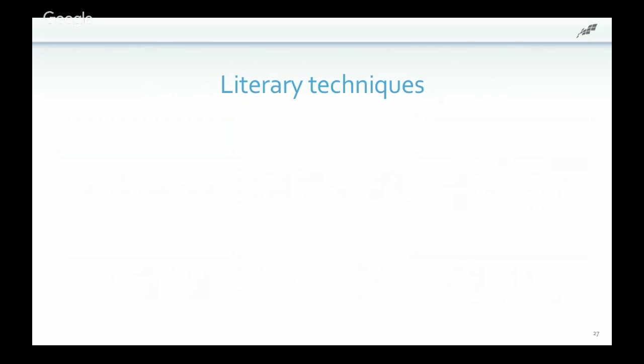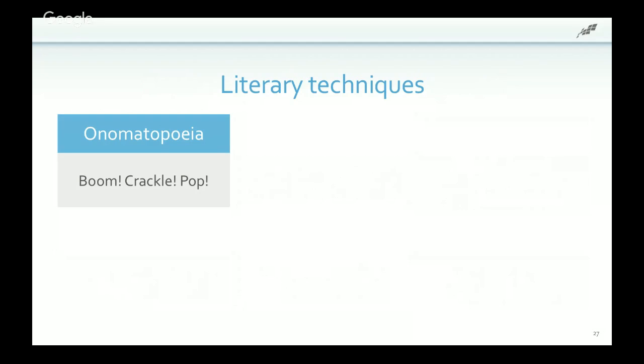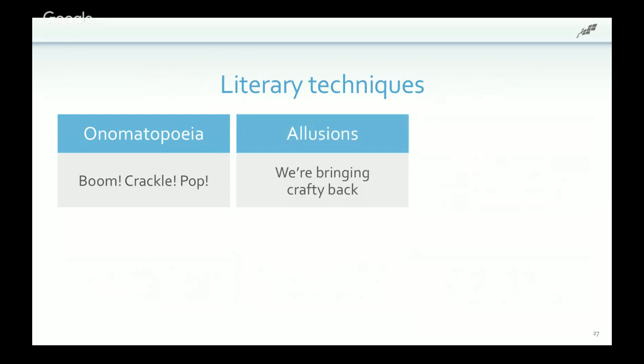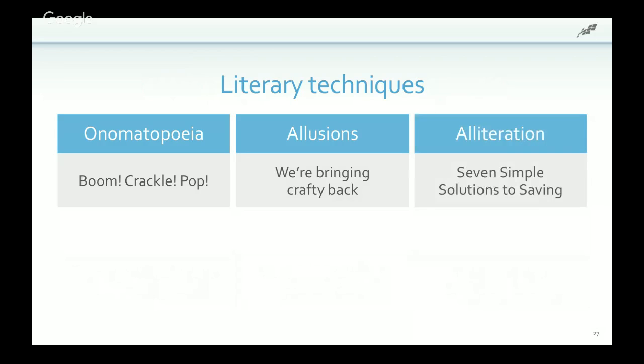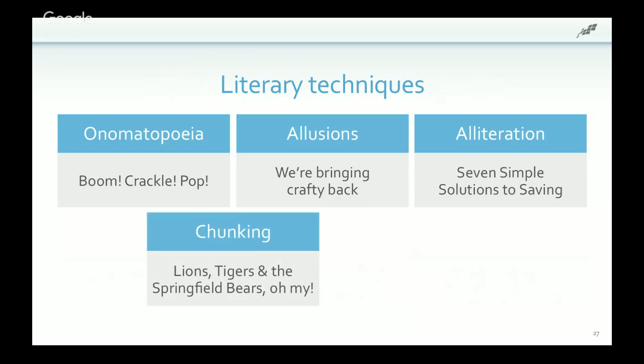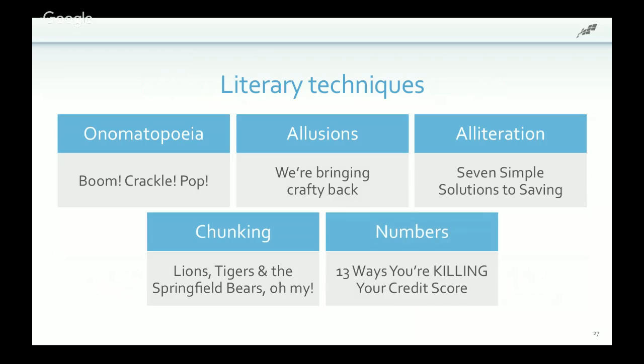There's also literary techniques. So let's go into a little bit more detail here on onomatopoeia, whether it's boom, crackle, and pop. Allusions: we're bringing crafty back, we're bringing sexy back. Alliteration: 7 simple solutions to saving. Chunking: lions, tigers, and the Springfield Bears, oh my. Or numbers: 13 ways you're killing your credit score.